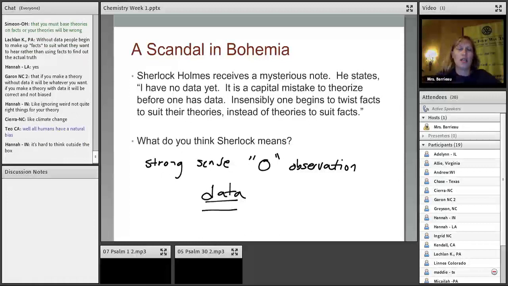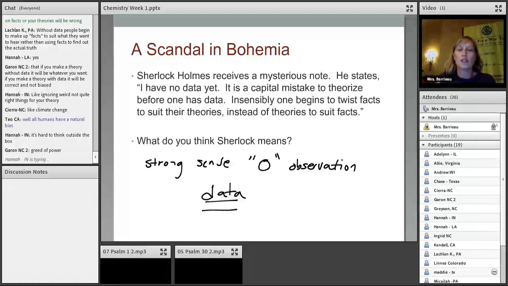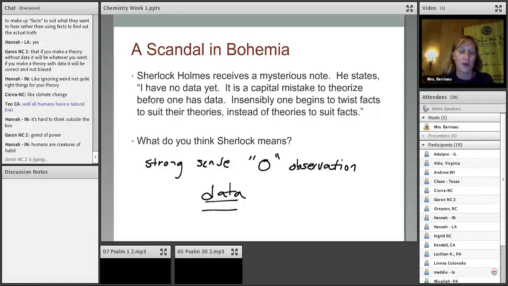They take these things and it's not necessarily the truth. And it's hard to think outside the box, yes. And we're not necessarily thinking outside of the box. I mean, these are all human behaviors, right, that we have to deal with.